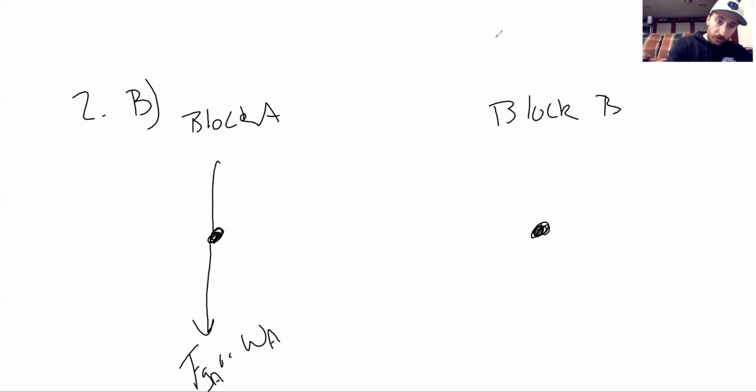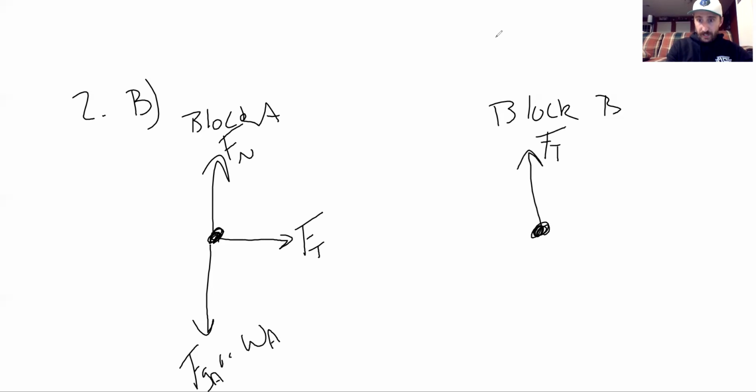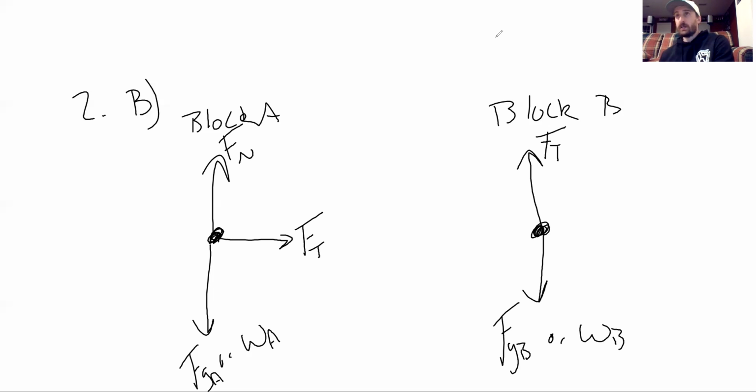You're going to have normal force because it's on a table, and you're going to have tension force. On block B, you're going to have tension force pulling up. Then you're going to have force of gravity of B, or you can call it weight of B. All right. There's your two free body diagrams. Pretty simple, pretty straightforward. That one's pretty easy. All right. Let's go ahead and keep going.